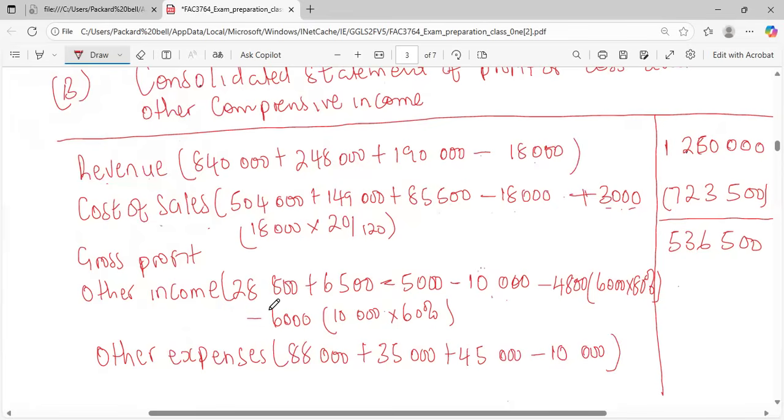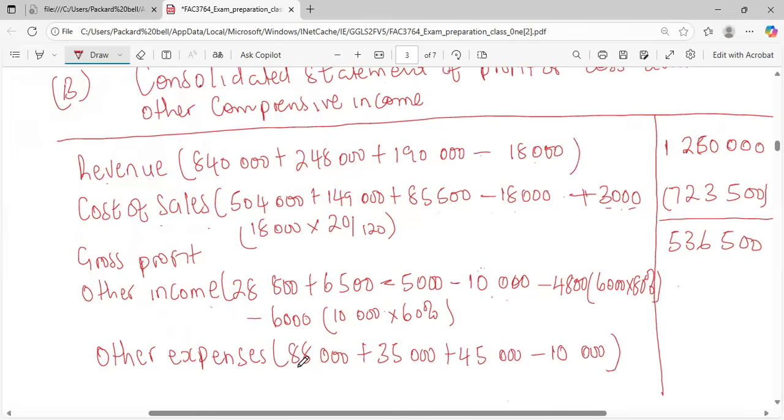If you take it out, the first thing is to trace where it went. There was a management fee, which means the receiver took it to other income, and the one who paid it charged other expenses. So when you eliminate, you need to eliminate both. That's your double entry there.